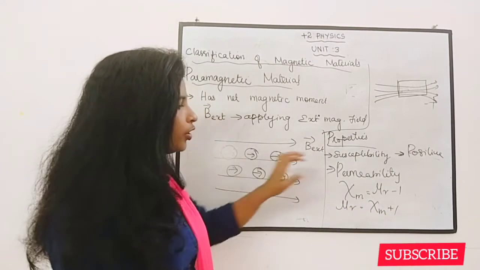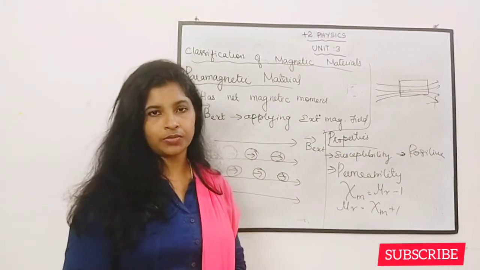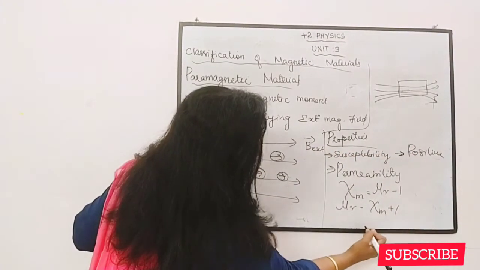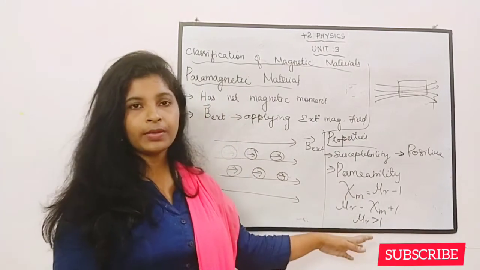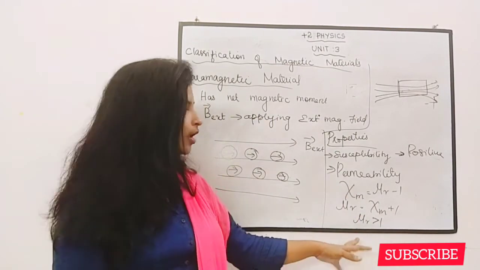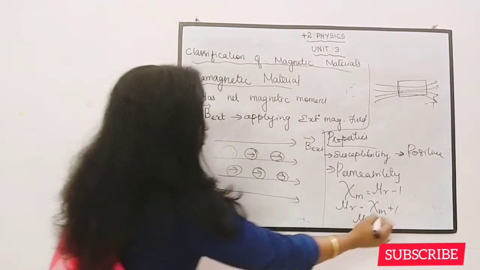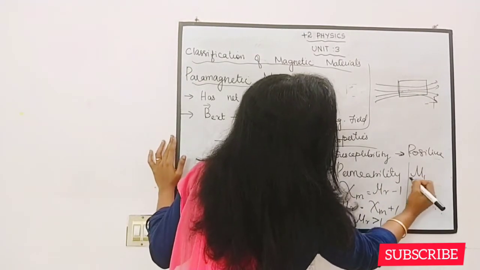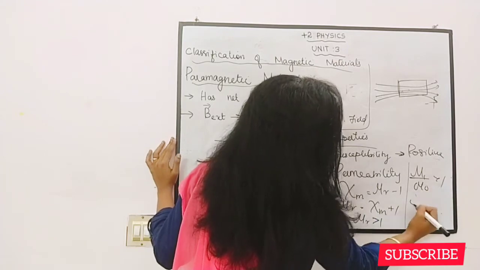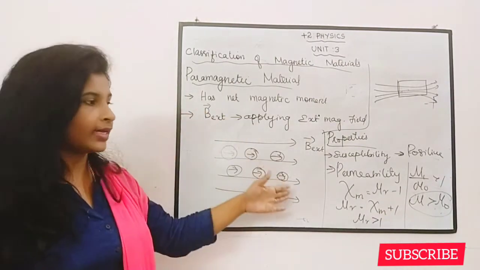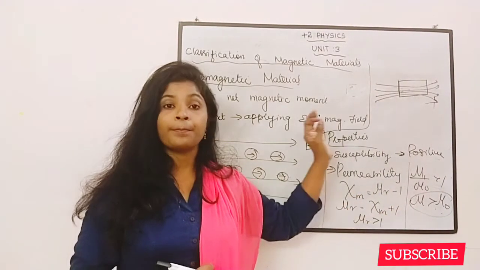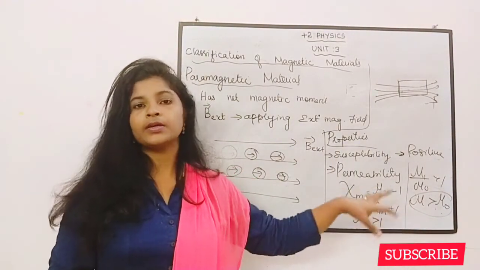Since the susceptibility is positive, mu r will definitely be greater than 1. I can write mu r as mu by mu naught, which is greater than 1, that is, mu is greater than mu naught. So in the case of a paramagnetic material, the permeability is always greater than the permeability of free space.